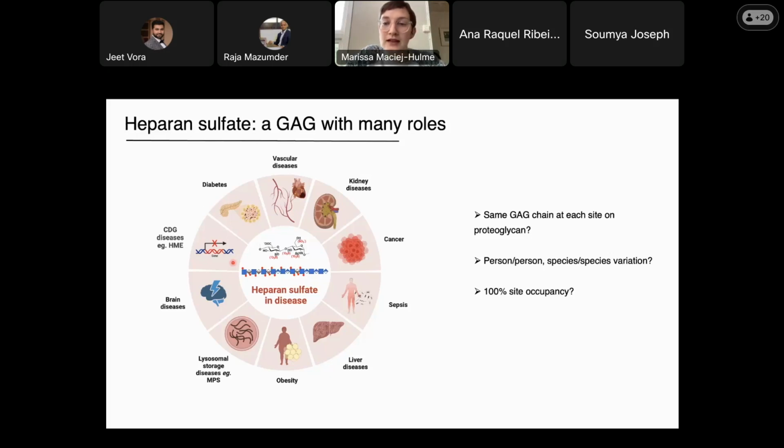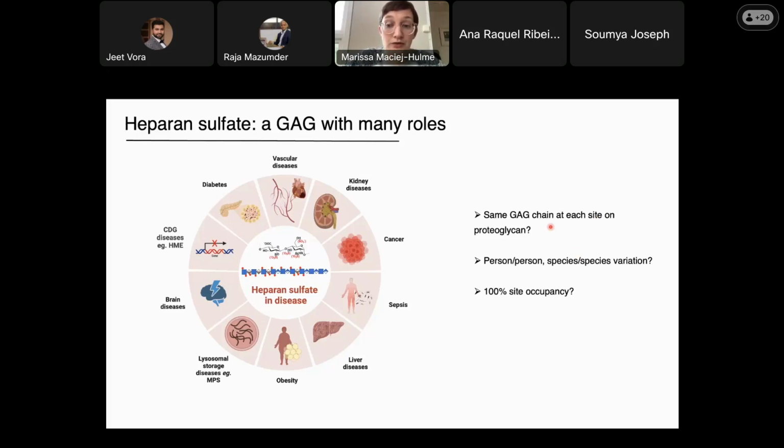We also know that, depending on the cell source or the tissue, it can create different effects and underlying mechanisms for homeostasis, but also disease. However, some of the fundamentals of how this occurs and why remain unknown. For example, is the GAG chain always the same on any given site on a given proteoglycan?